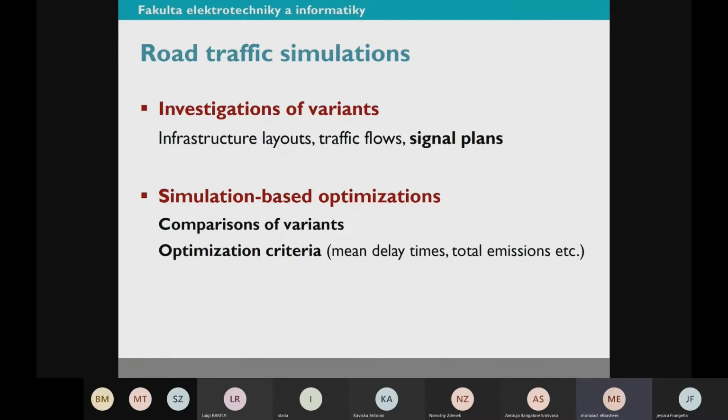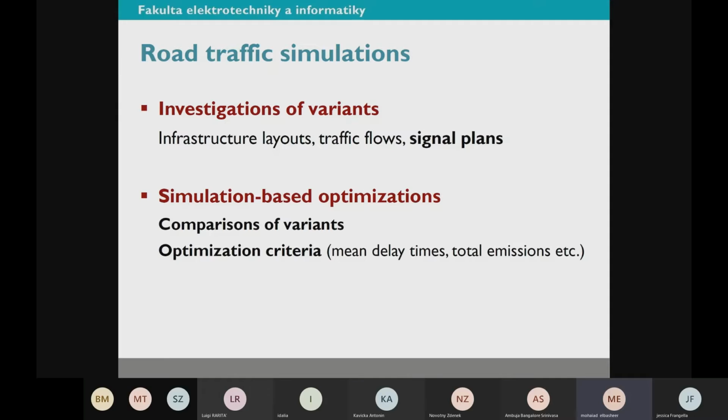What about road traffic simulations? Road traffic simulations in this case are widely used for investigations of variants. I mean, variants of infrastructure layout or variants of traffic flows. And in our case, it's very important that the variants of signal plans are investigated as well.